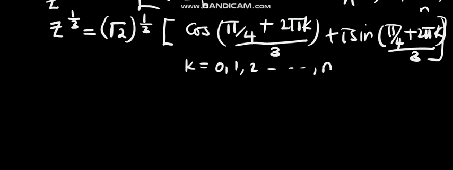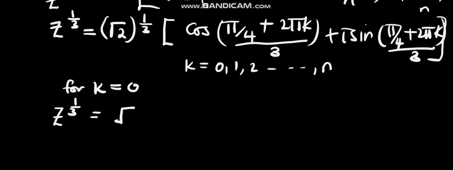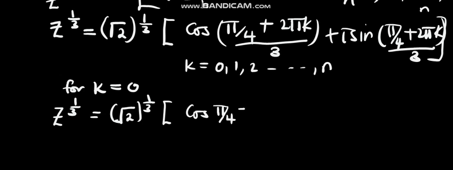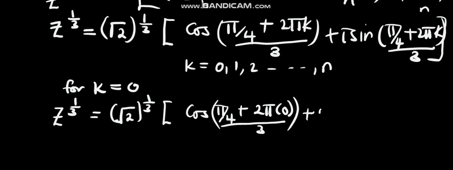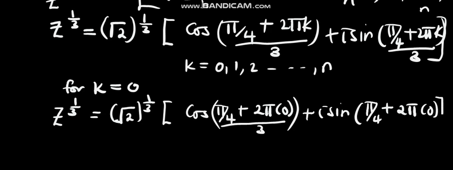We shall start with k chosen to be 0, so we shall have z^(1/3) equal to root 2 to the power 1/3, then cos of (pi/4 + 2 pi times 0)/3 plus i sine of (pi/4 + 2 pi times 0)/3. Is that okay?